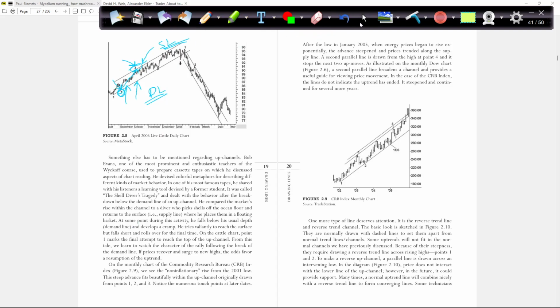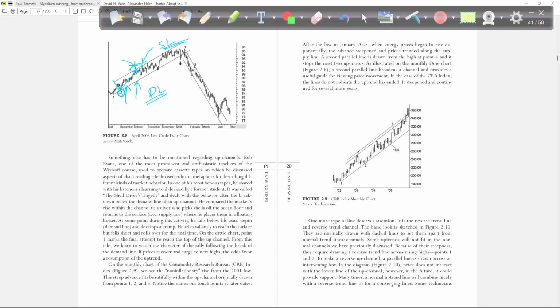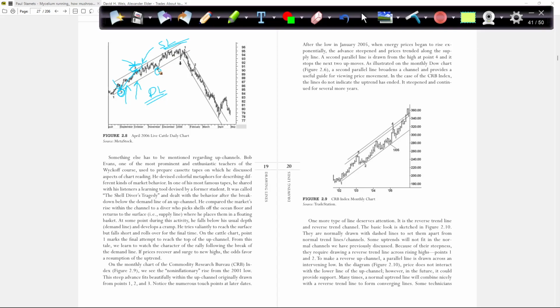Bring it back for reference, where he places them in a floating basket. Let's extend the metaphor and think metaphorically, with some intuition: if you have a basket of shells in the ocean, it might go down to the ocean floor again, right?